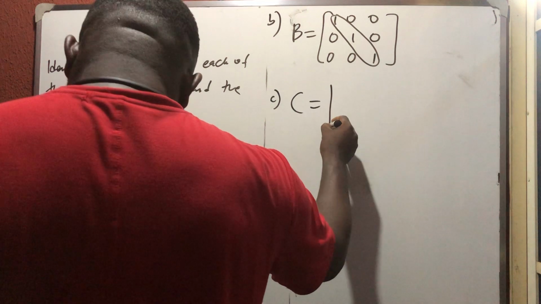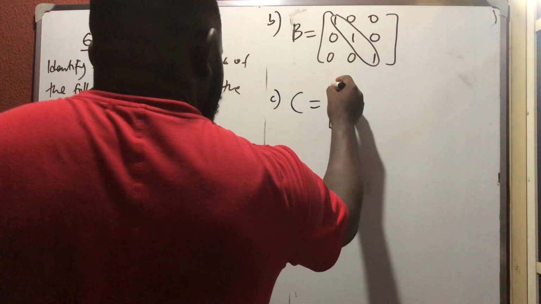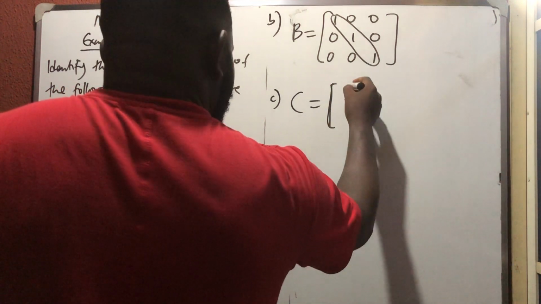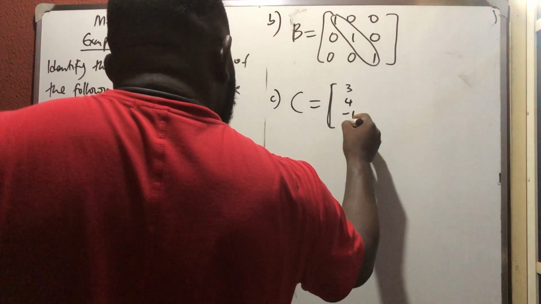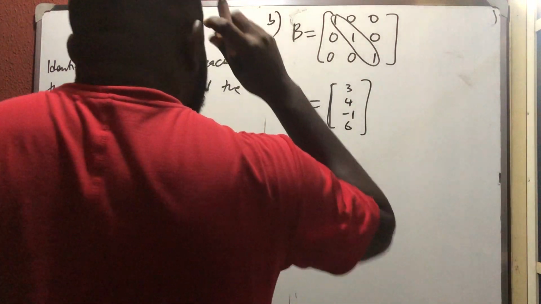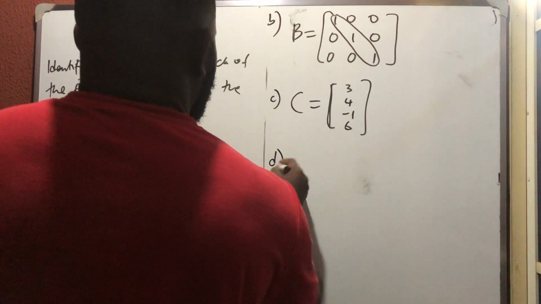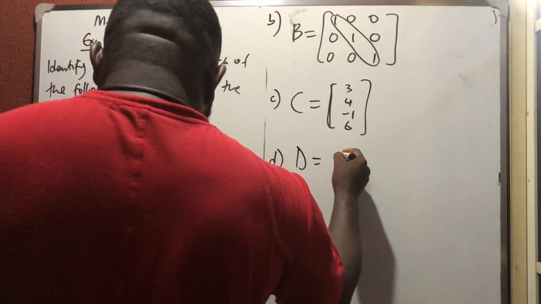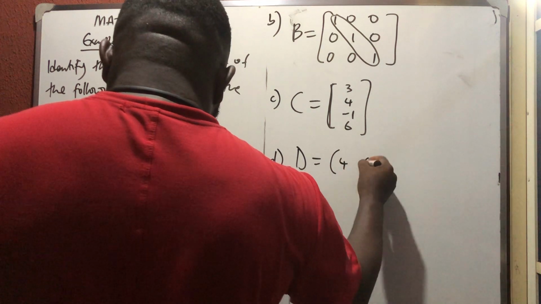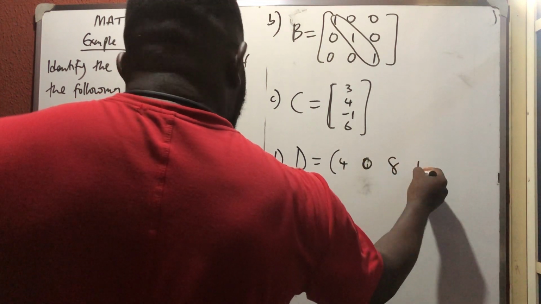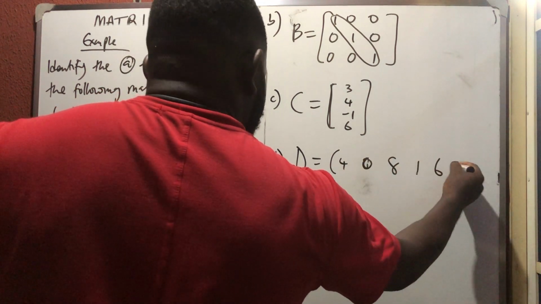They say C is equal to 3 4 minus 1 6, just this. This is a column matrix. So D said that D is equal to 4 0 8 1 6 5.